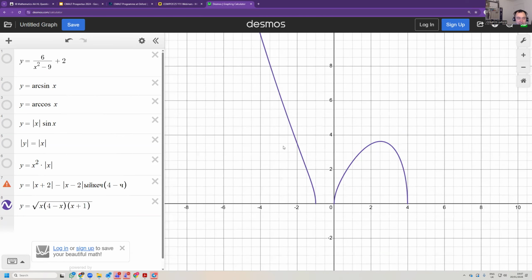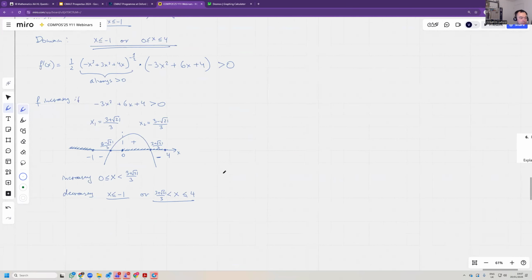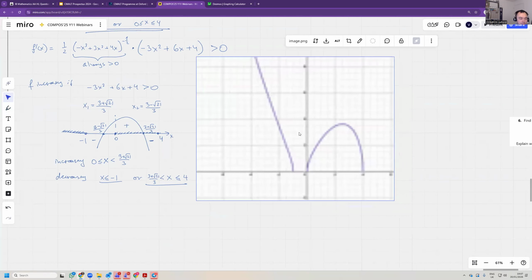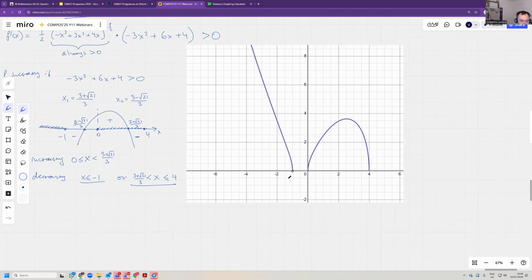Nice. And you can see that until -1, it is decreasing, which is true. Decreasing all the way to -1, going down. Then increasing from 0 to this point, which is 3 plus root 21 over 3. So increasing. And then decreasing again from 3 plus root 21 over 3 all the way down to 4. And that's how you do it.